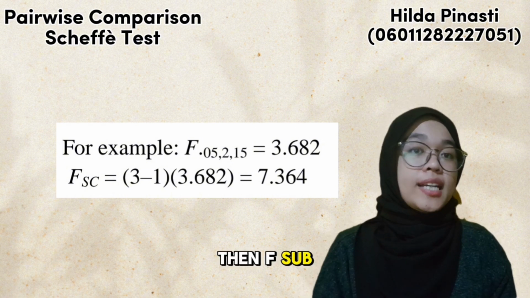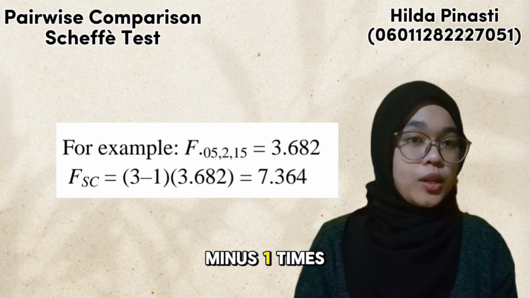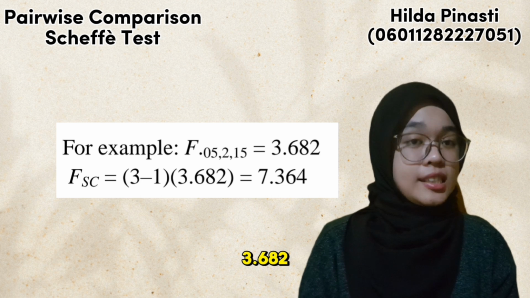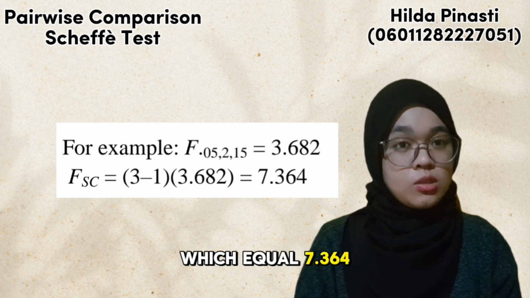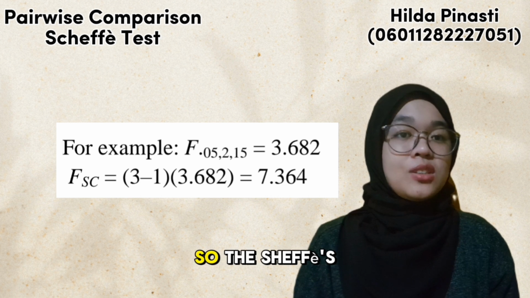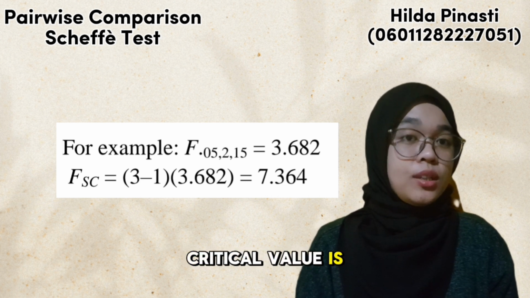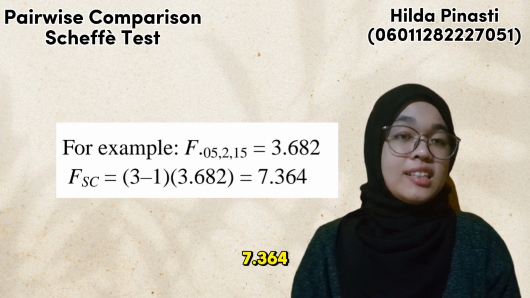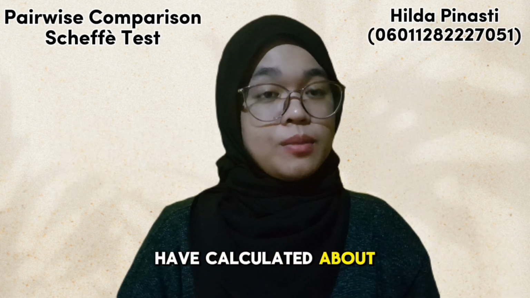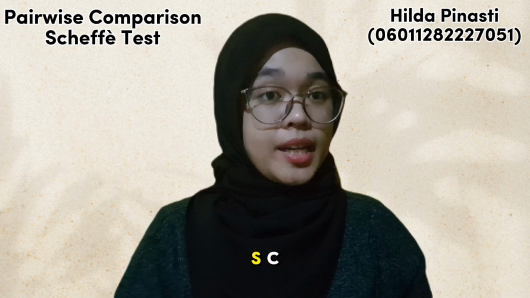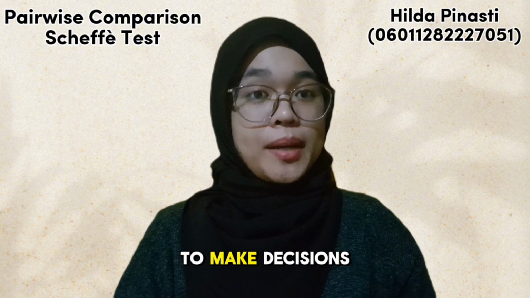Then, F sub SC equals 3 minus 1 times 3.682, which equals 7.364. So the Scheffé's critical value is 7.364.